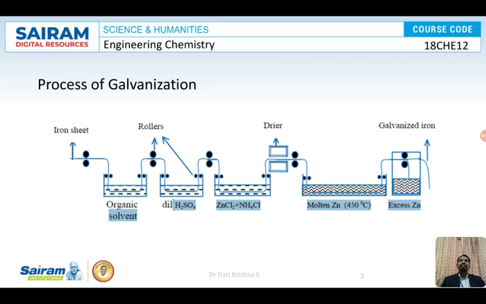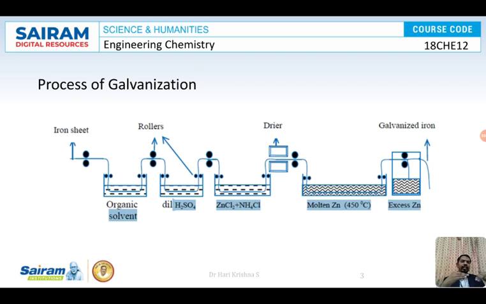So what is galvanization? Coating zinc on the surface of iron or steel alloys is called galvanization. You take an iron sheet, dip it in an organic solvent to remove the dust, oil, and grease, then pass it through rollers, then dip it in dilute sulfuric acid to remove the rust, then dip it in zinc chloride, add ammonium chloride as the accelerator, and dry it.